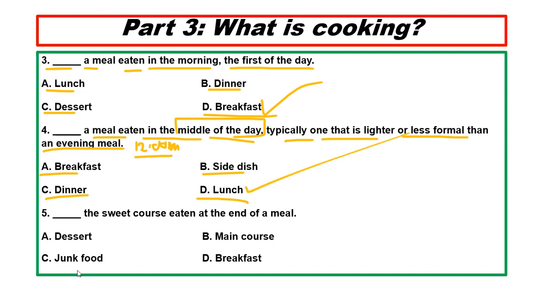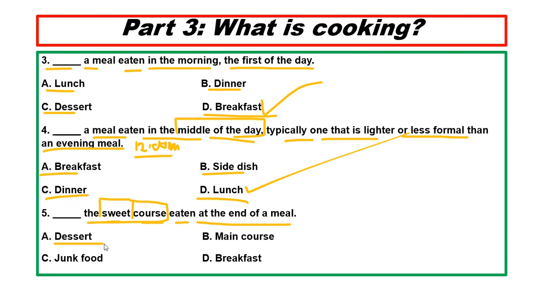Letter D. Number 5, blank, the sweet course eaten at the end of the meal. What is the clue here, teacher? The sweet course. When we say sweet, that is made up of sugar, chocolates, fruits.